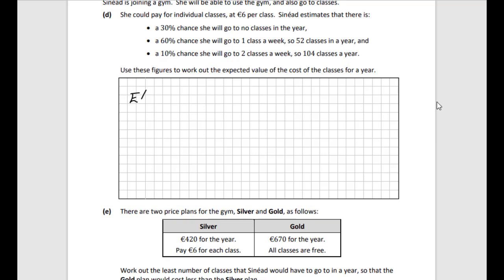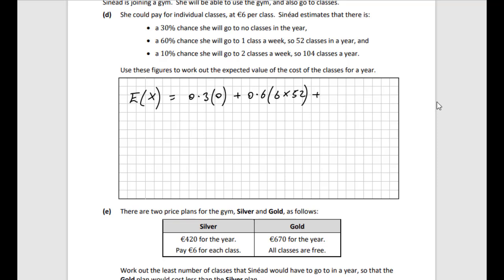So the expected value is just going to be the probability multiplied by the cost in each case. So the probability that she will go to no classes is 30%, so 0.3. The cost is 0 because she's not going to pay for any classes. The probability that she will go to 1 class a week is 60%, so that's 0.6. And that's going to cost her €6 for every class. There are 52 weeks in the year.